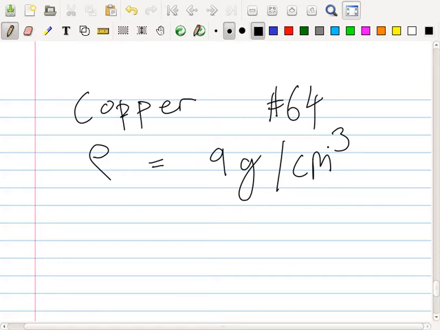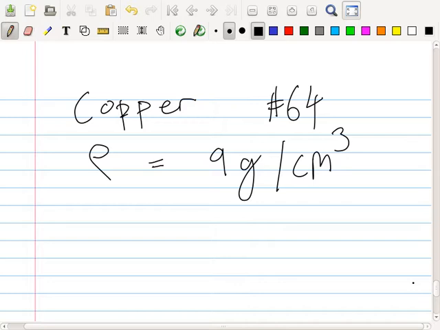And the question is, what are we looking for? We're looking for how big it is.